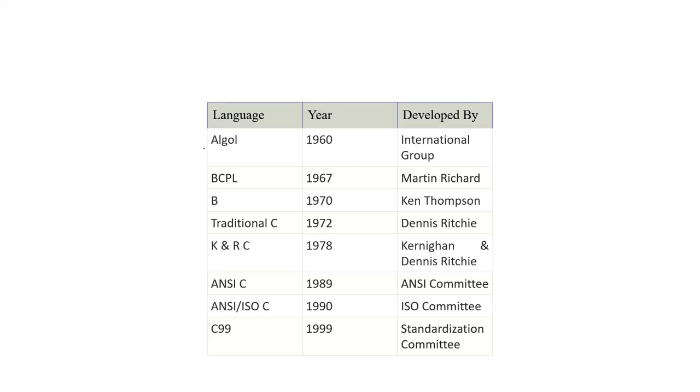So these are the programming languages: ALGOL, BCPL, and B. These are the previous languages. To overcome the drawbacks of these programming languages, Dennis Ritchie developed C language in 1972. So this is the brief history of C language.